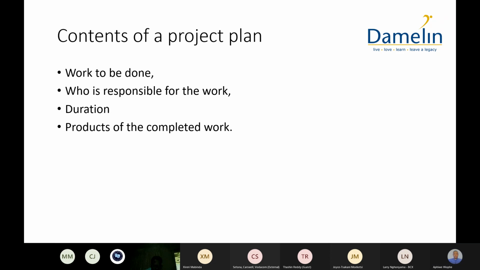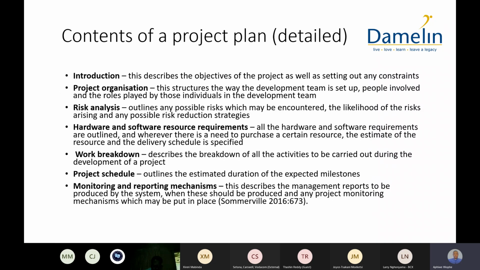So when it comes to this project plan, it outlines these basic things: the work to be done, who's responsible for the work, the duration of the work or task assigned, and the product of the completed work, okay, or the deliverables. You can see here in this particular slide, they summarize the sections. So these are the common sections you're most likely to see in a project plan document.